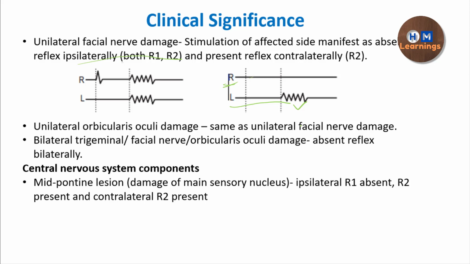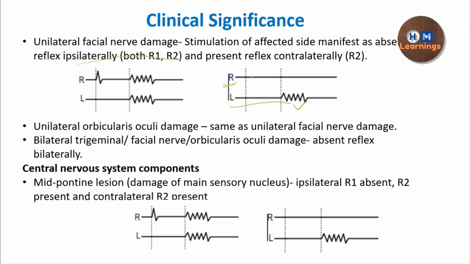Then come the central nervous system components. If there is damage to the main sensory nucleus, we know that the main sensory nucleus is involved in bringing the R1 component. So the R1 component is going to be absent, but because the other nucleus, the spinal trigeminal nucleus, is normal, the R2 component is going to be present on both sides.